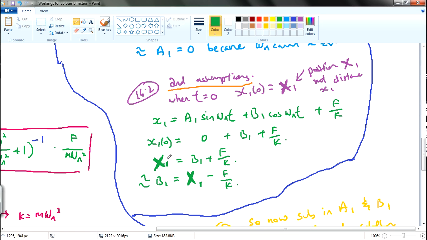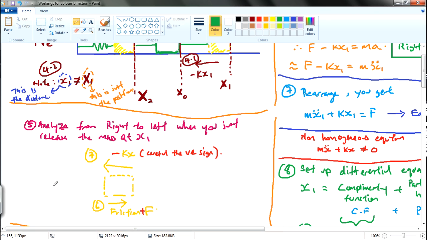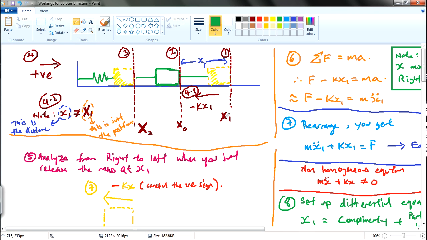So position x1 is equal to, we just sub in. The distance x1, because since time 0 it didn't move, so its position is at x1. It's at this point. So I hope this sinks into you. When you start to move, there will be a distance x1 along all this stretch.